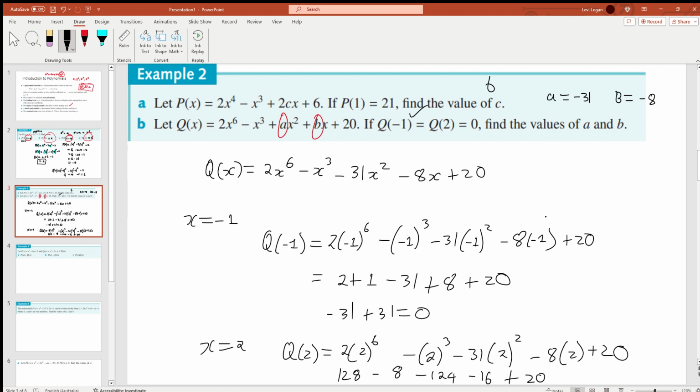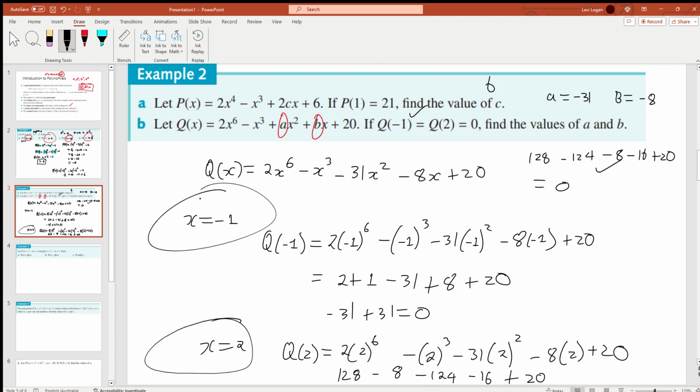So let's see what we get. 128 minus 124 minus 8 minus 16 plus 20. What is that? I think that's 0. Yep, that's 0. Alright, that works. So both of them work, so we know we have the correct answers for a and b.